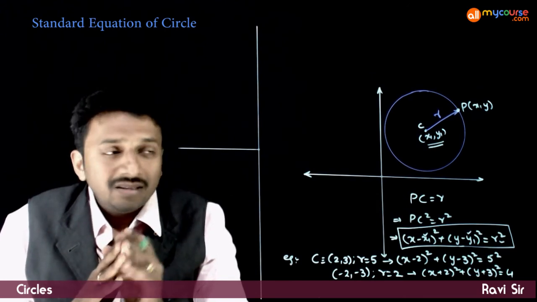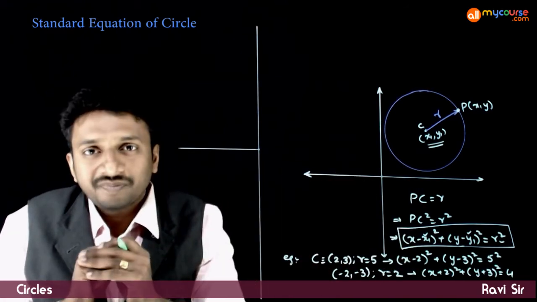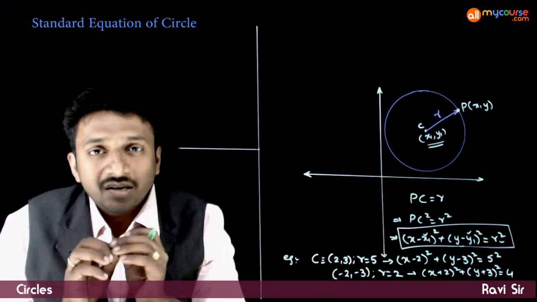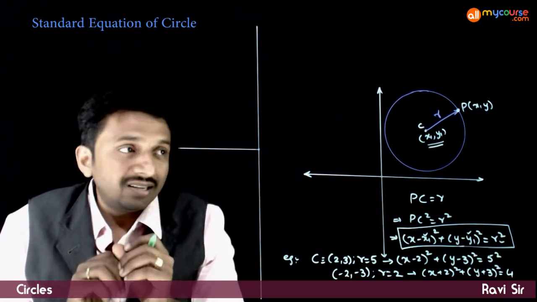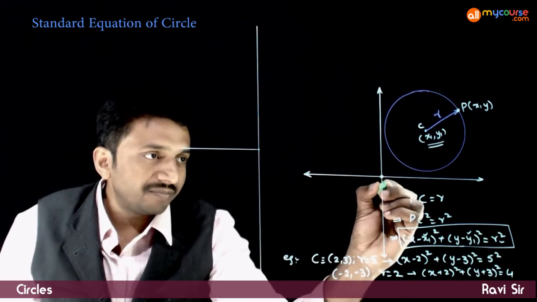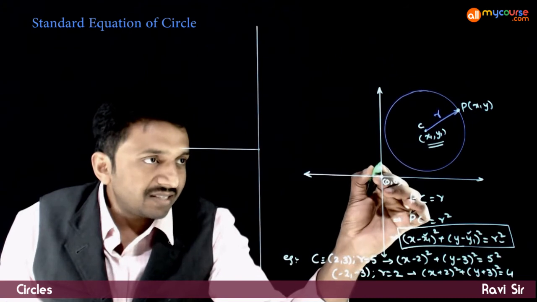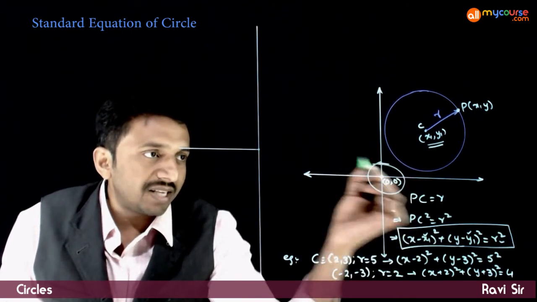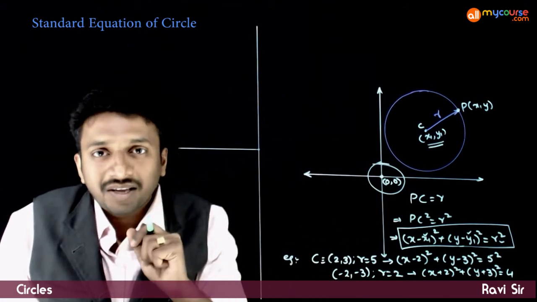Now there is a special case in this equation. The special case is: how does the equation look if the circle is centered about the origin?